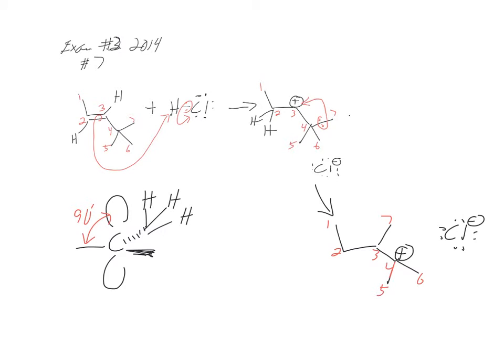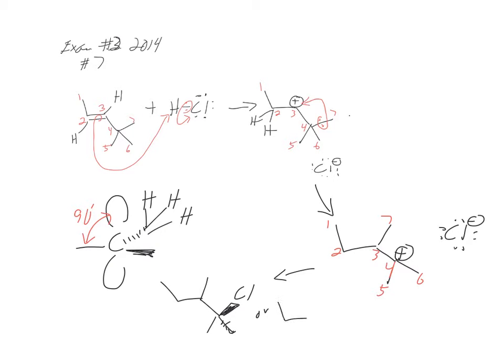Now it doesn't matter here because 5 and 6 are the same, right? Is carbon 4 going to be a new asymmetric center once I draw this in? No. So really it's all for nothing. But we could say, here's the chlorine there, and that would be wedged.